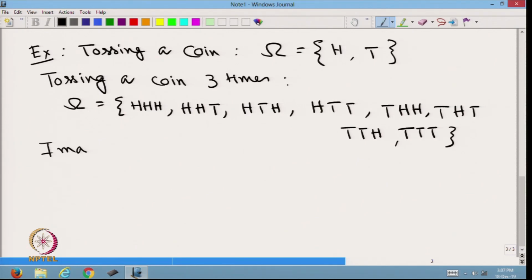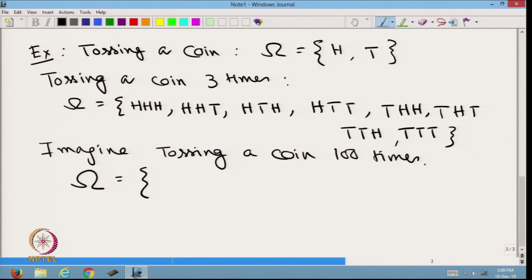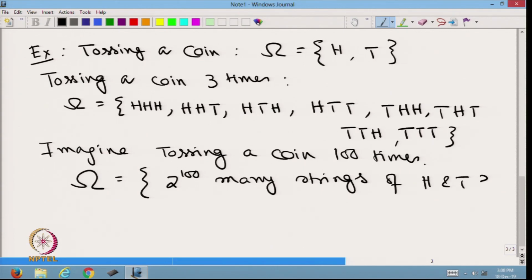Imagine tossing a coin 100 times. Therefore, omega will consist of 2 to the power 100 many strings of H and T. Naturally, if you have such a huge sample space, what can we infer out of it?